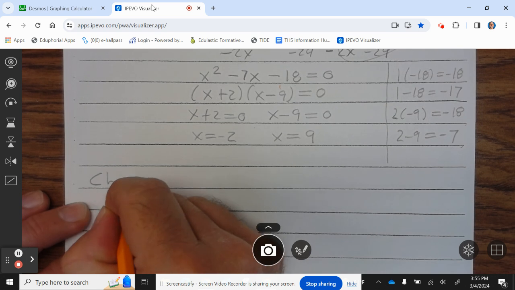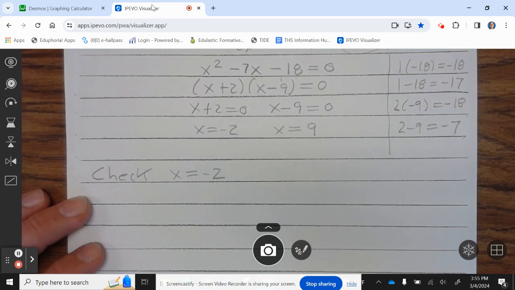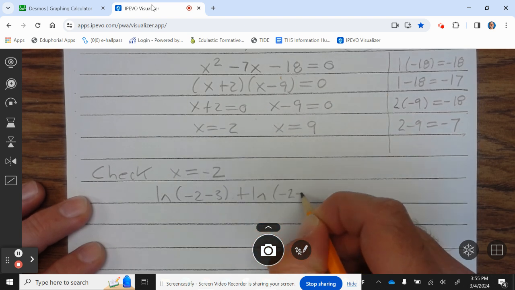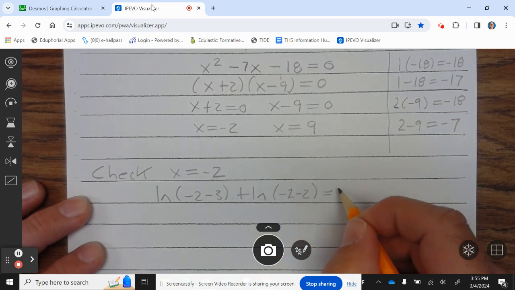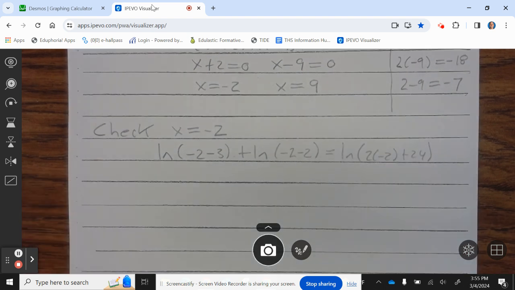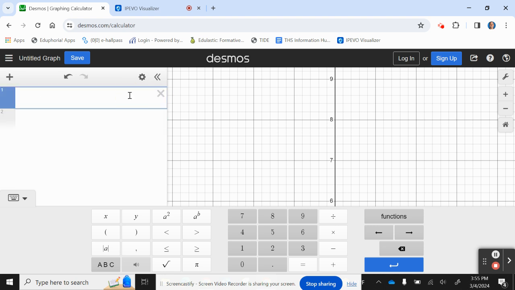Let's go ahead and check. All right. So we get undefined.